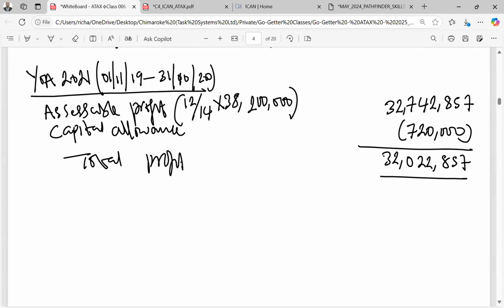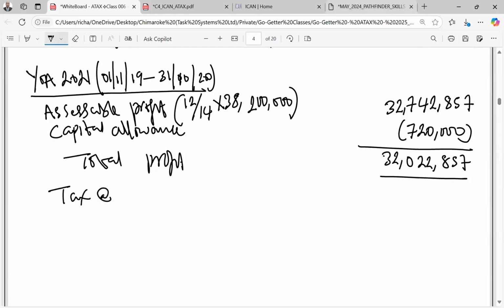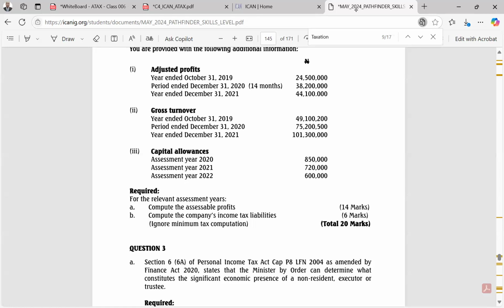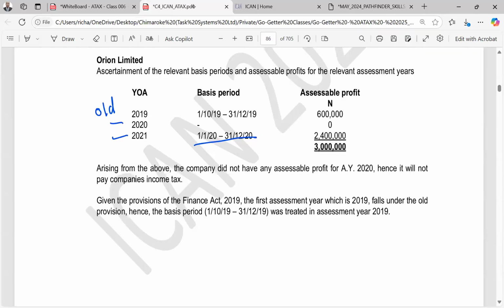Then your tax. What is going to be our tax here? We said the table before. Look at the table.